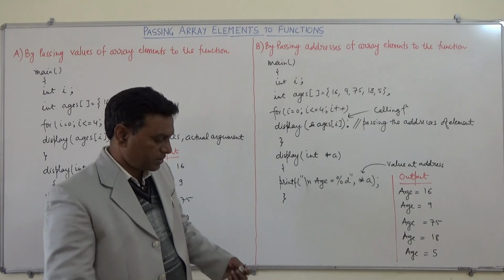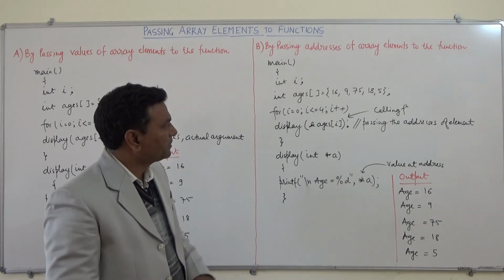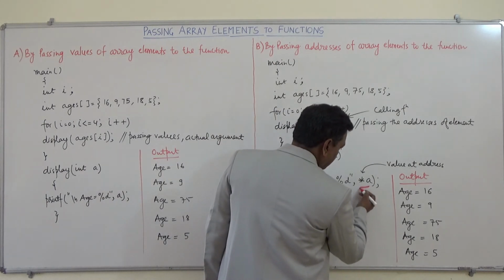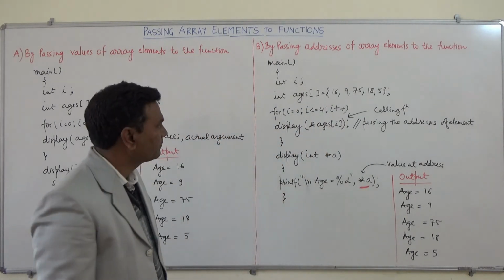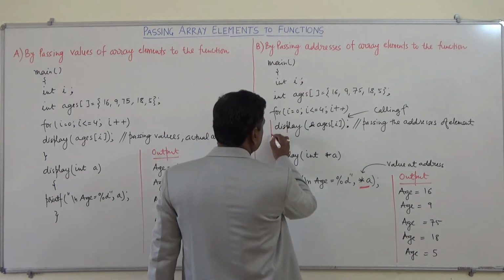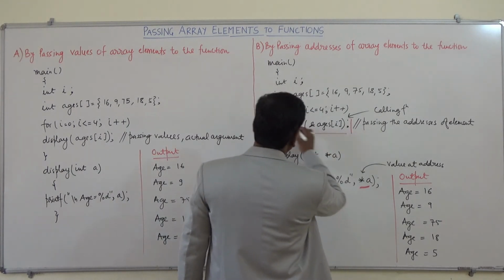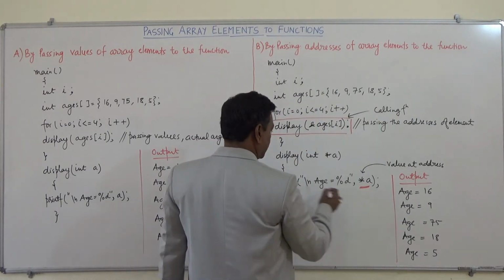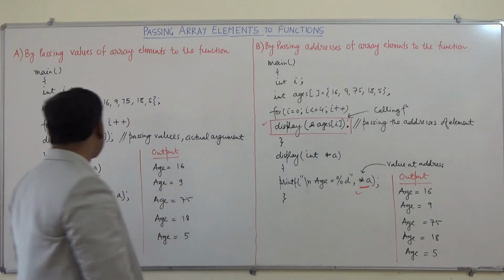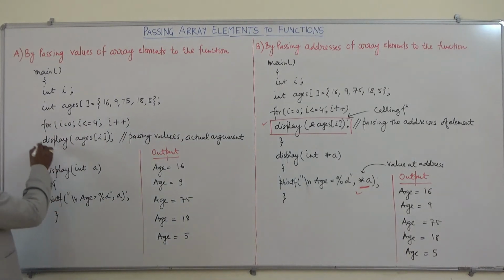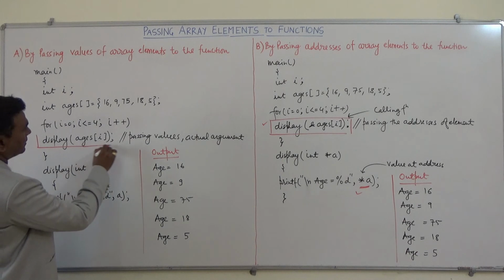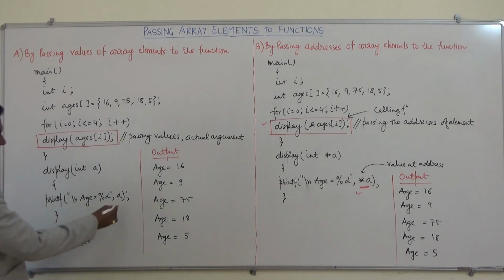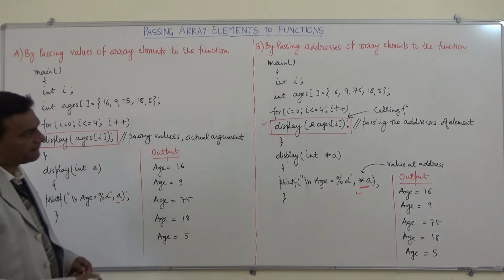So this is the output. We have to remember some steps: here we are using the value at address operator, and here we are passing the address of the element. These two points are important. In the same way, in the earlier program, we are passing the values of elements, and here we are printing.